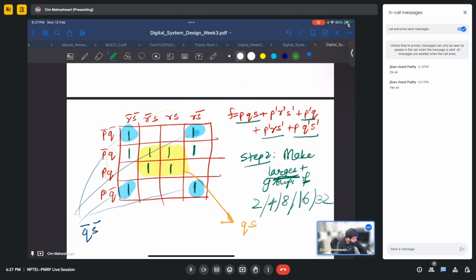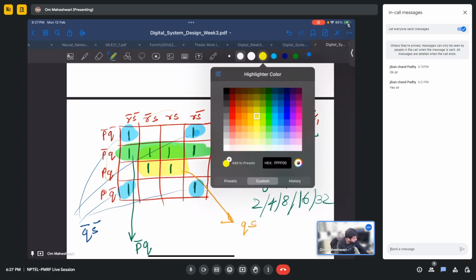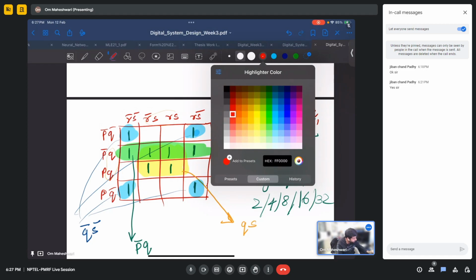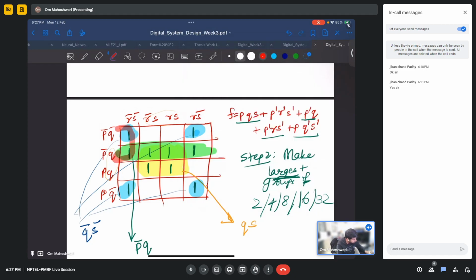Let's say if it forms this, then it will be P bar Q. But if, instead of that, we form this, then it would have been P bar S bar.